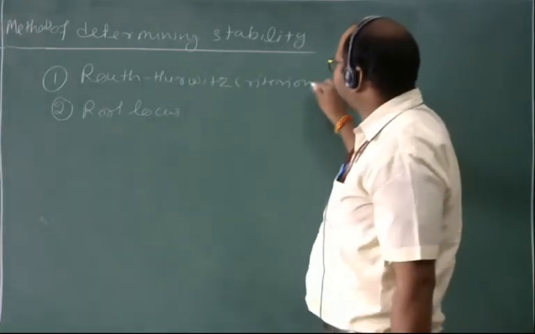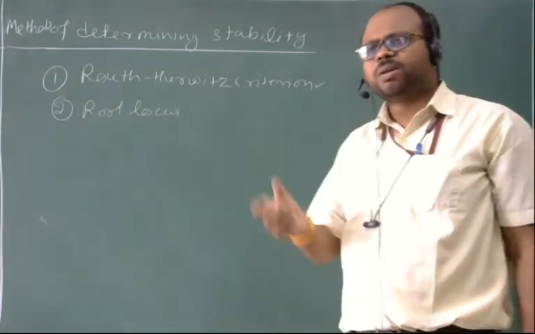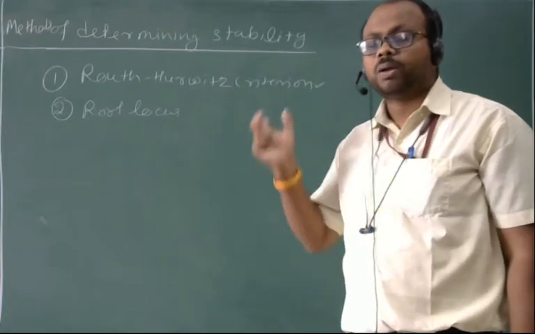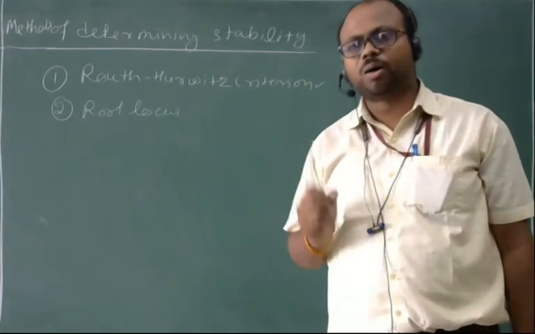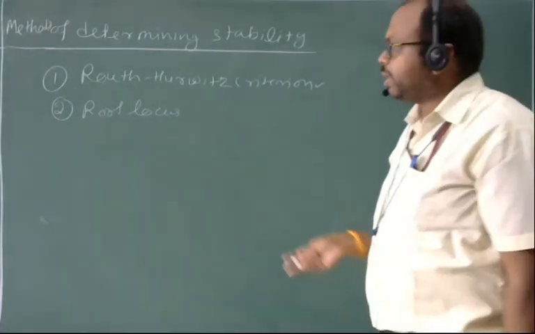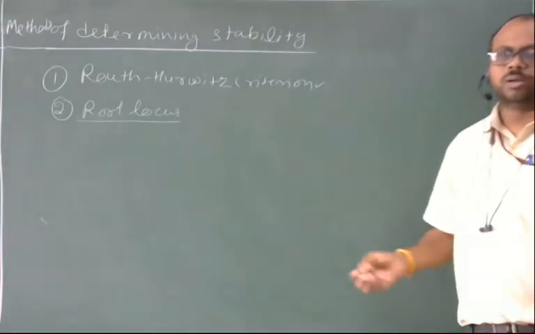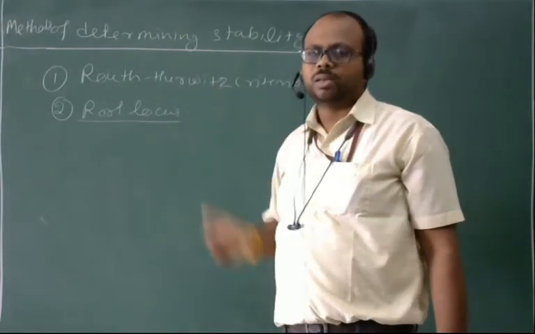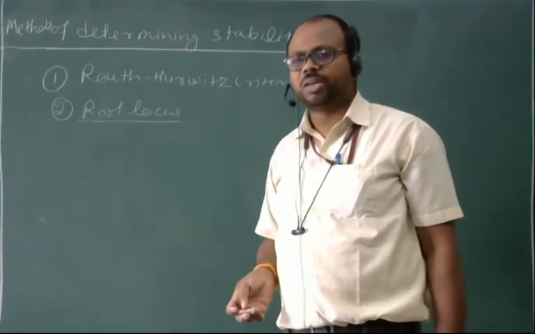And the Routh-Hurwitz criteria gives some aspects, some idea of relative stability, whereas root locus focuses more than Routh-Hurwitz criteria on relative stability.